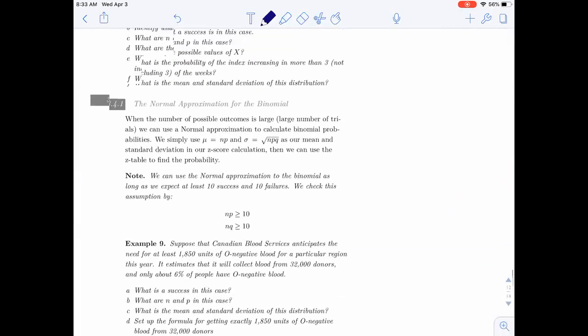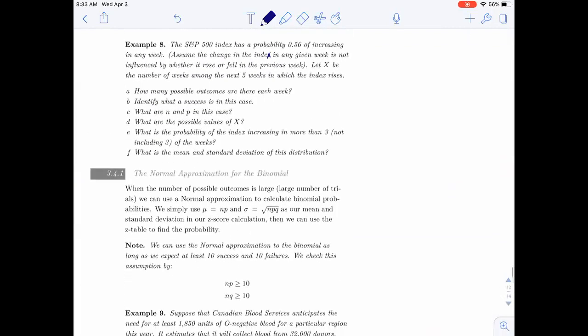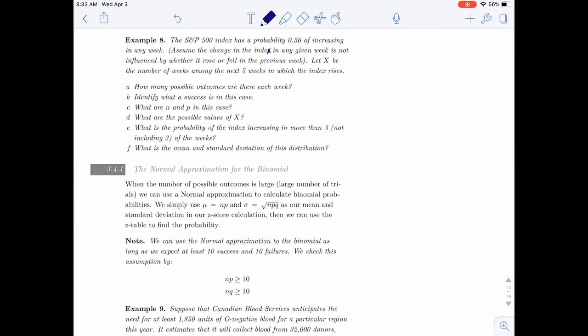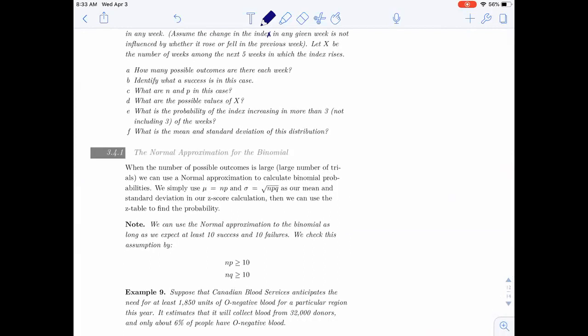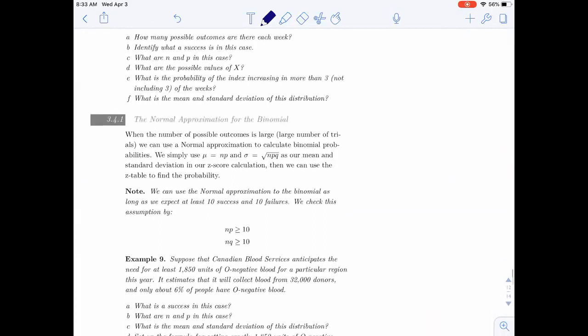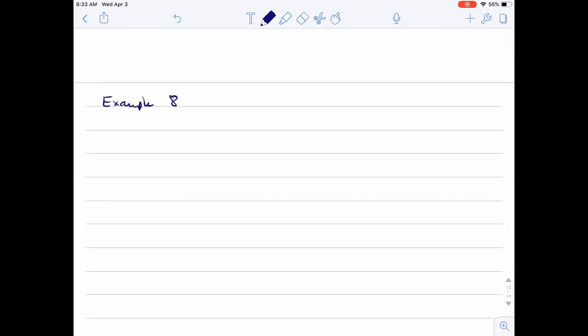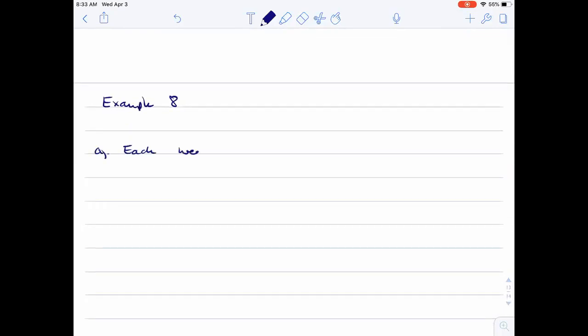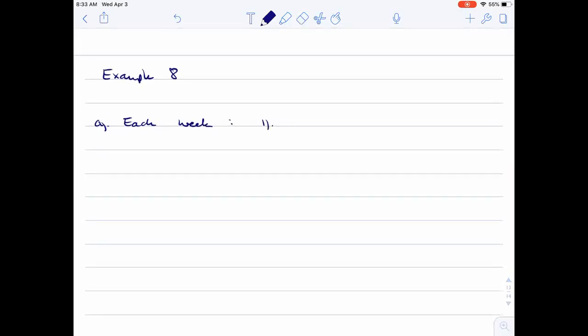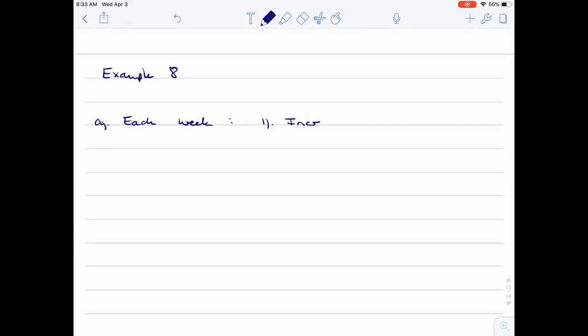Example 8. Part A. How many possible outcomes are there each week? So each week, it can either increase or decrease.